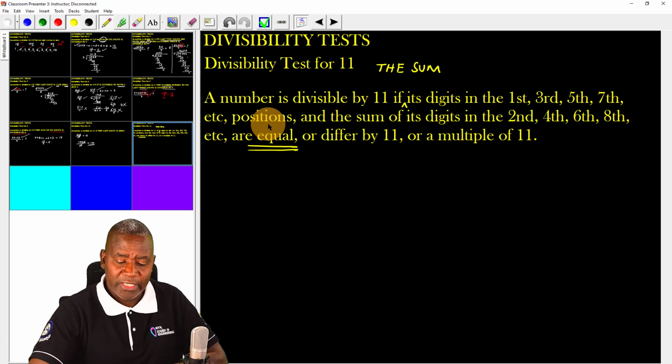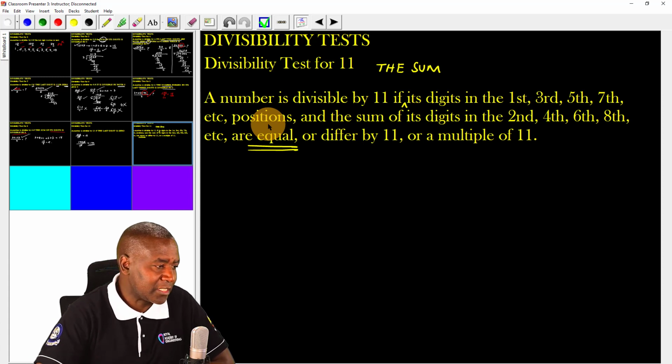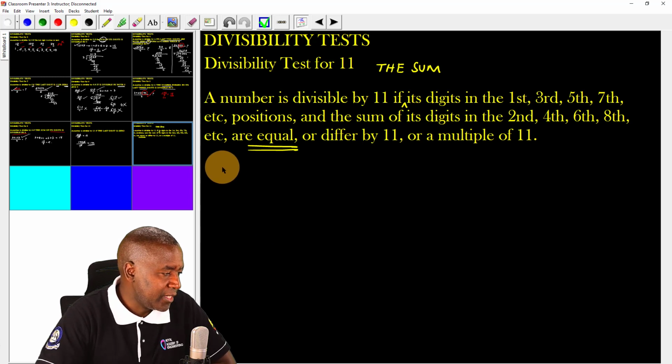So let's check one of these. I'm going to look at a number in your exercise 3.9a, where we are supposed to test 2596.